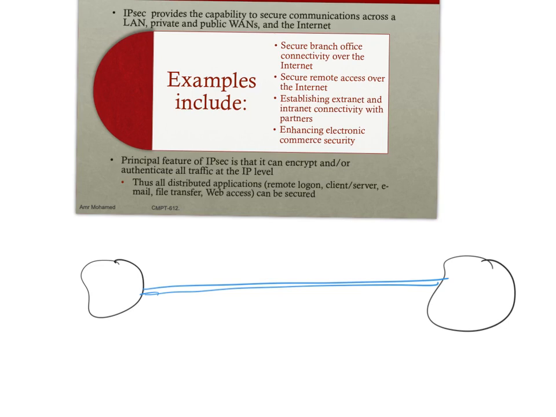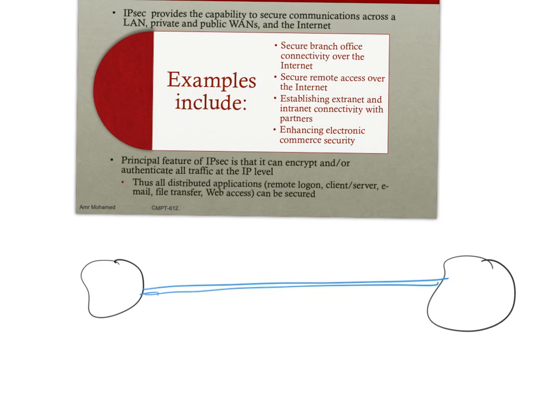This way you make sure that this infrastructure is actually secure, and it secures the communication between the offices. Is this actually scalable? No, of course. So this is not feasible, especially nowadays.